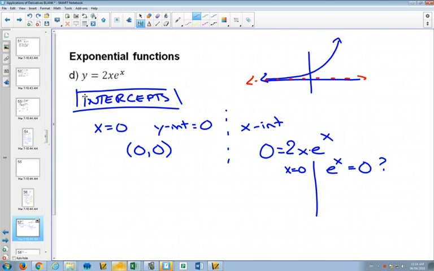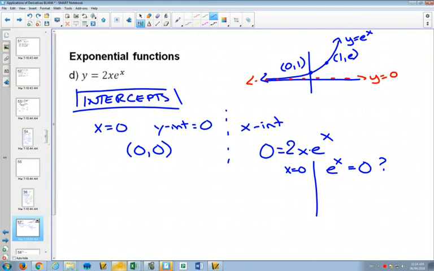Some of the points you might remember from graphing it: when the exponent is 0, anything to the exponent 0 is equal to 1. If the exponent were 1, and you plug that in, you would get just e. This is the graph of e to the x. From your previous years of studying that graph, you might have remembered it has an asymptote at y equals 0. It never equals 0.